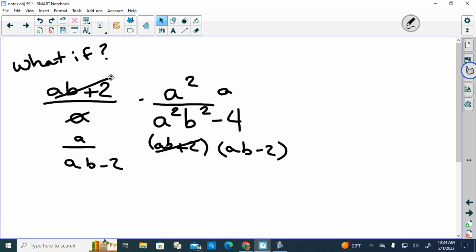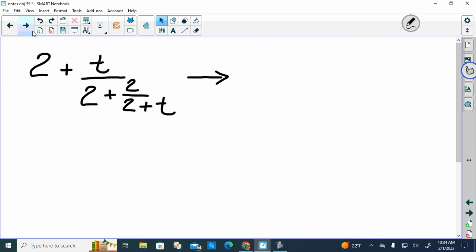All right, let's try this again. Little added extra step for this one. We have like multiple fractions. So 2 is by itself, plus, and then a fraction is the second one.